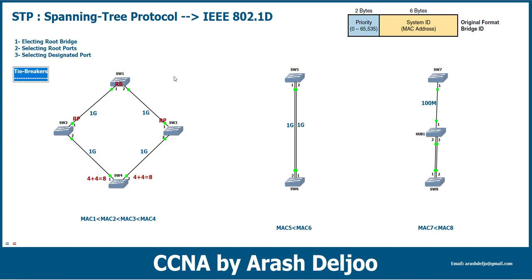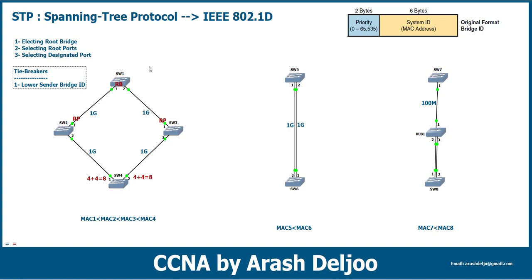What is a tiebreaker? When you can't decide from the three-step rules, for example the roles of the ports, you need to use the tiebreakers. The first tiebreaker is the lowest sender bridge ID. I will explain it, and you can easily understand it.